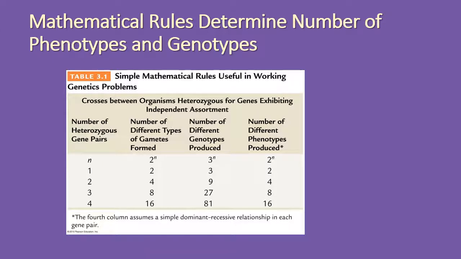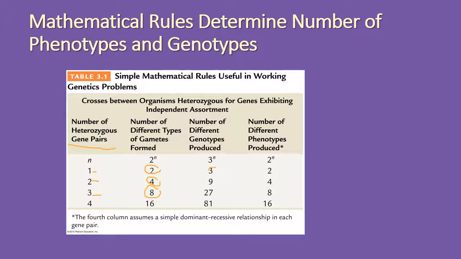If the number of heterozygous gene pairs here, so this would be monohybrid, dihybrid, trihybrid, if you use 2 to that number, you can determine the number of gametes. So if you have a monohybrid cross, you're going to have 2 gametes. If you have a dihybrid cross, you're going to have 4 gametes. If you have a trihybrid cross, you're going to have 8 gametes. And then the genotypes produced are 3 to that number.